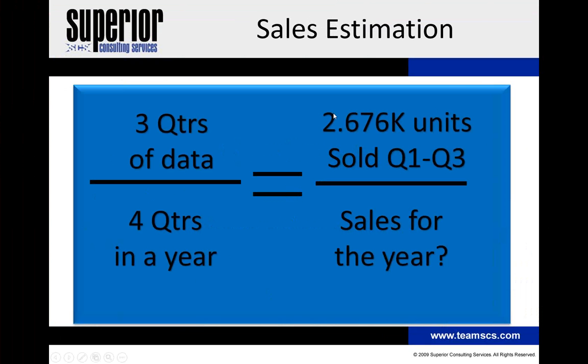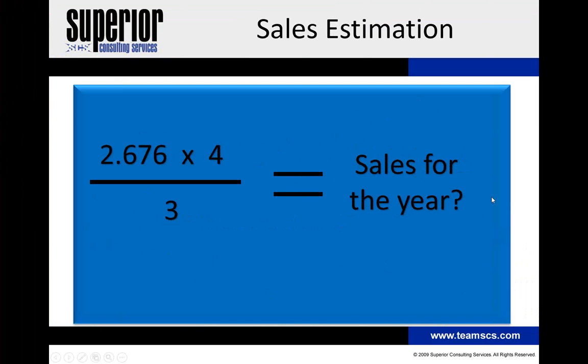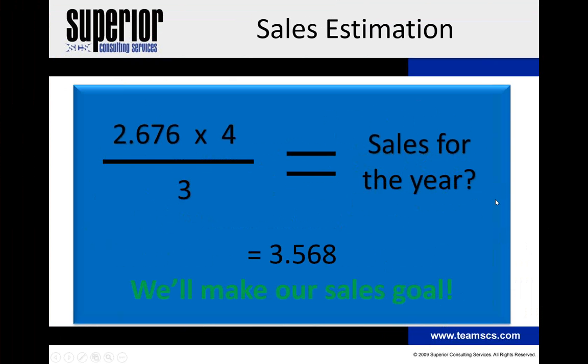We know that 2.676, that should actually be million units, have been sold in the first 3 quarters. So what can we expect for our sales for the year? Doing a little manipulation of our ratio there, we multiply 2.676 times 4, divide by 3, and that gives us a projected sales for the year of 3.568.